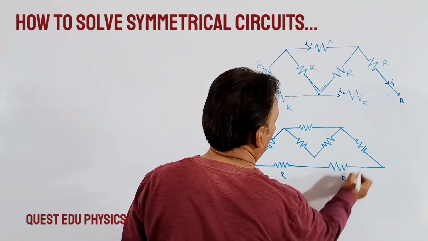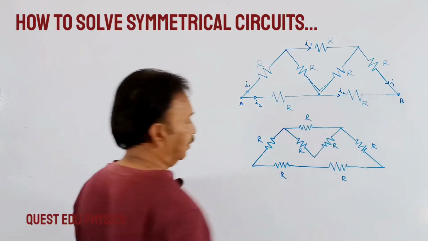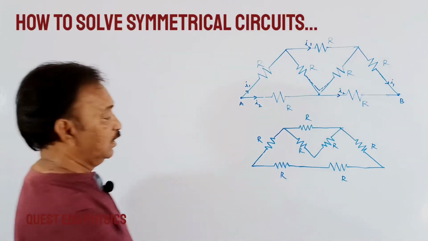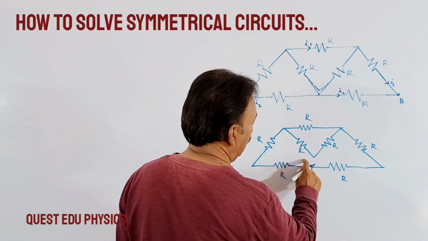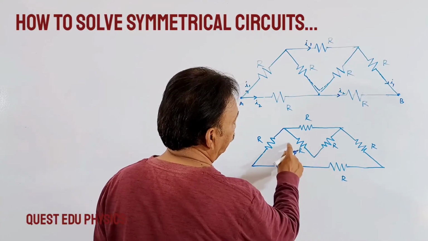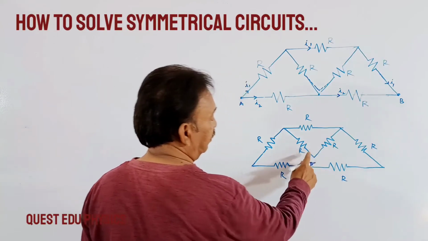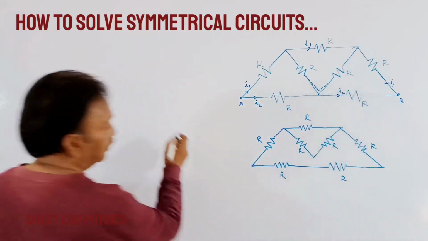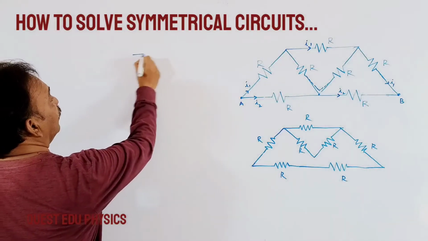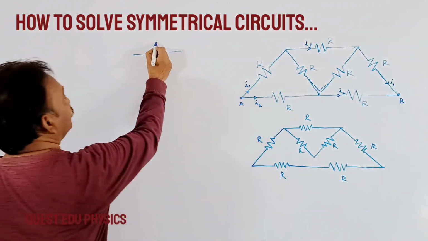R, R. Now see students, these two resistors are in series. We are going with the collapsing method. Here, these two are in series. Then we can redraw the circuit again like this. See? Here, it is the resistor which is here.